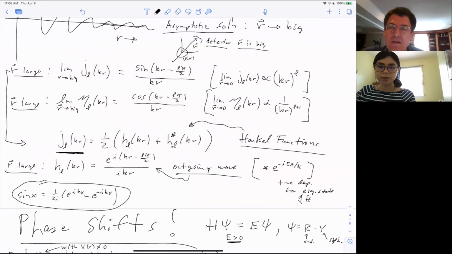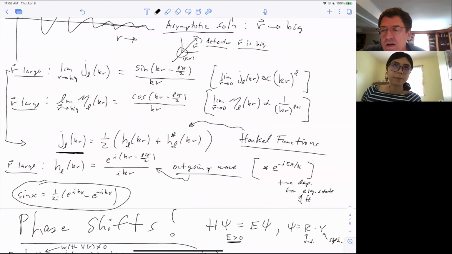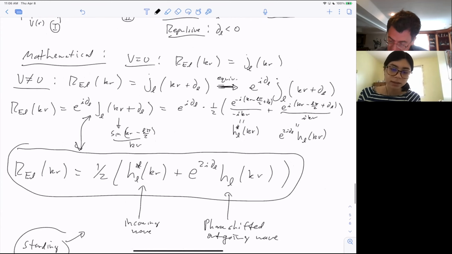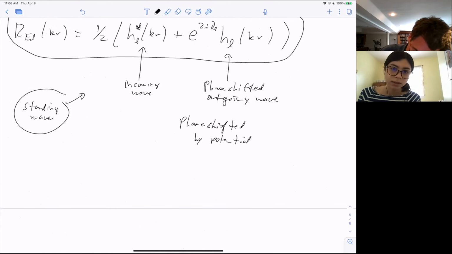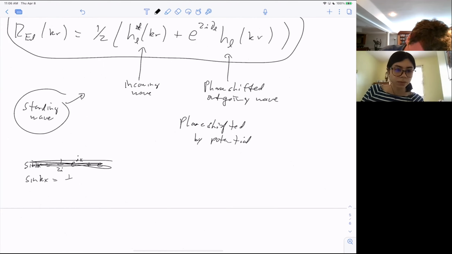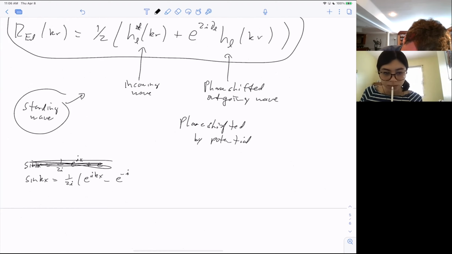Could you explain what you meant when you were talking about the standing wave at the end? Sure. It's just saying that sine of kx is equal to 1 over 2i times e to the ikx minus e to the minus ikx.